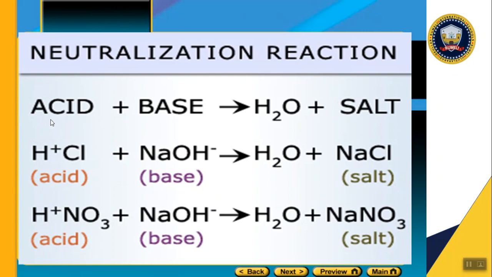This weak acid means the ionization is very weak, and strong base means the ionization is very high. What will happen? The solution of the salt will be basic. Why? Let us jump to the next slides.